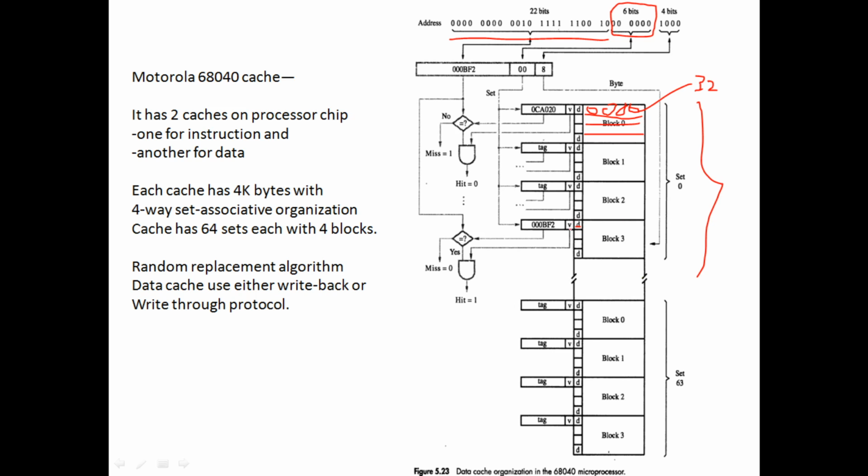There is only one valid bit for every block, and dirty bits for every long word. So this comparison ends with a result telling us about the hit.